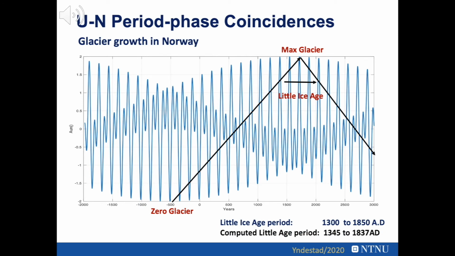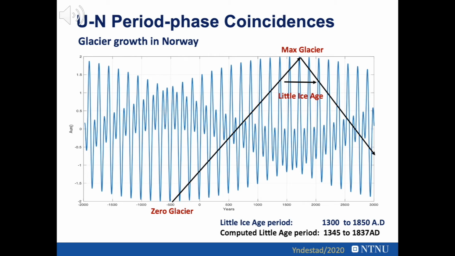We had the Little Ice Age from about 1300 to 1850. Uranus and Neptune had almost perfect perihelion coincidences 3 times, from about 1345 to 1837, the same period when we had the Little Ice Age.